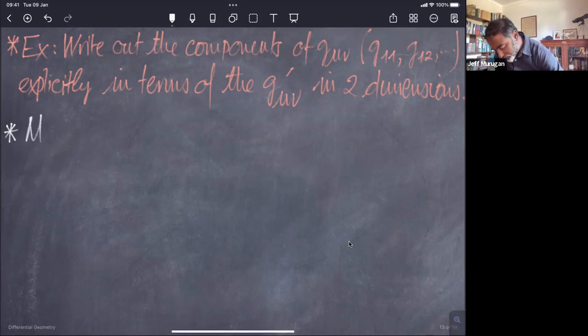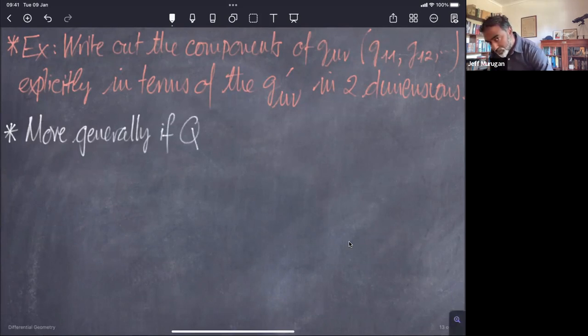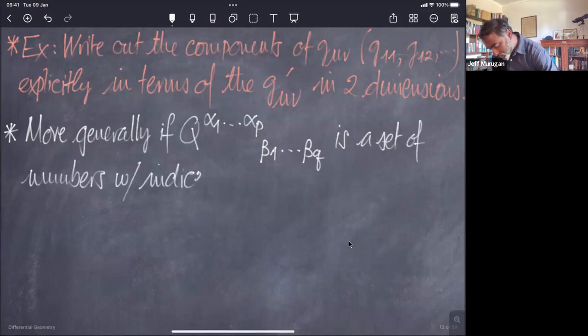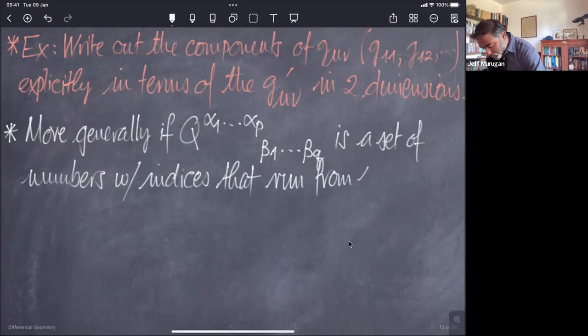So more generally, if I have some set of numbers, let's say Q with P indices upstairs and Q indices downstairs, with indices that run from 1 to the dimension of the vector space we're working in.